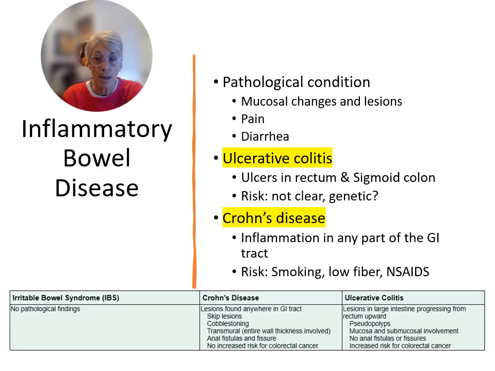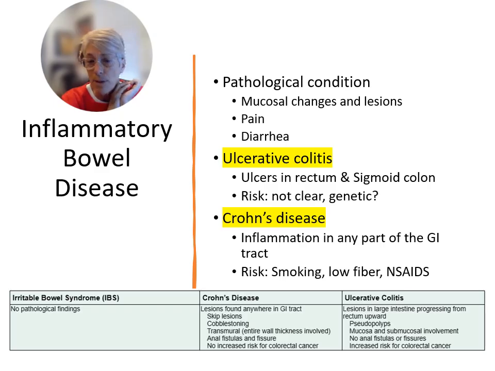So again, separating them a little bit, just knowing a little bit about them. So ulcerative colitis, ulcers in the rectum and sigmoid colon. And again, maybe genetics in nature, but not totally clear.